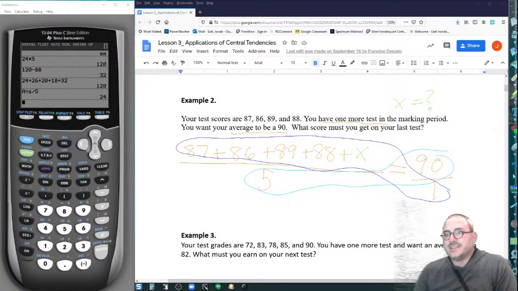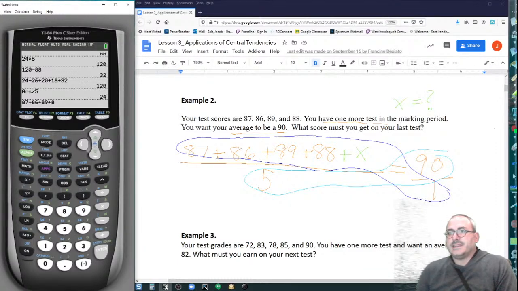This is just simple computation right here. 87 plus 86 plus 89 plus 88. And I can't add x yet because I don't know what the value of x is. I have to leave that to itself. But I can add all these 4 numbers up, and they equal 350 altogether.